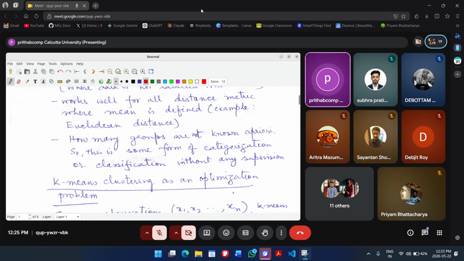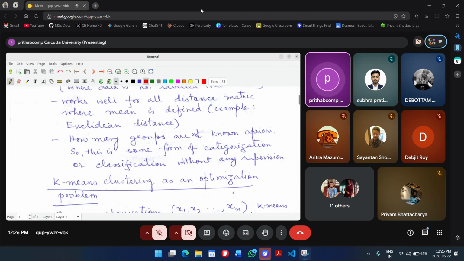It works well for any distance metric. When the mean is defined, we need to use a distance metric, the distance between two data points. That could very well be Euclidean distance or any other, Manhattan distance, Mahalanobis distance, edit distance; different types of distances we can have.